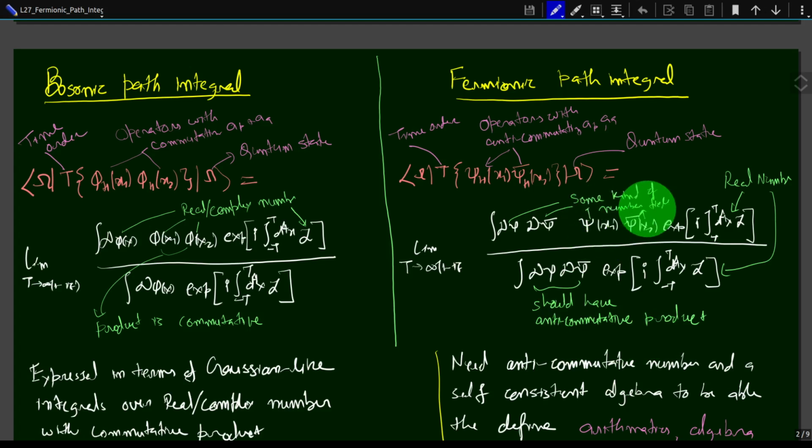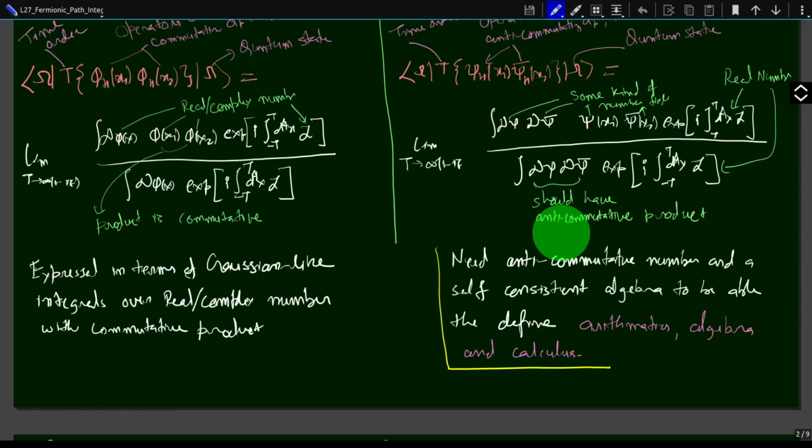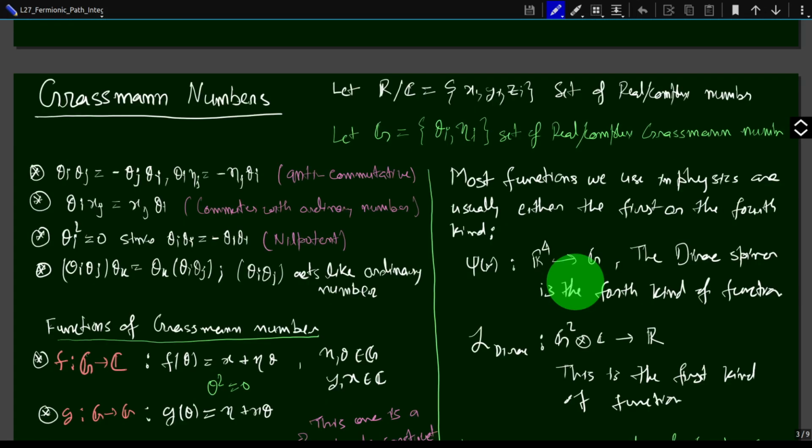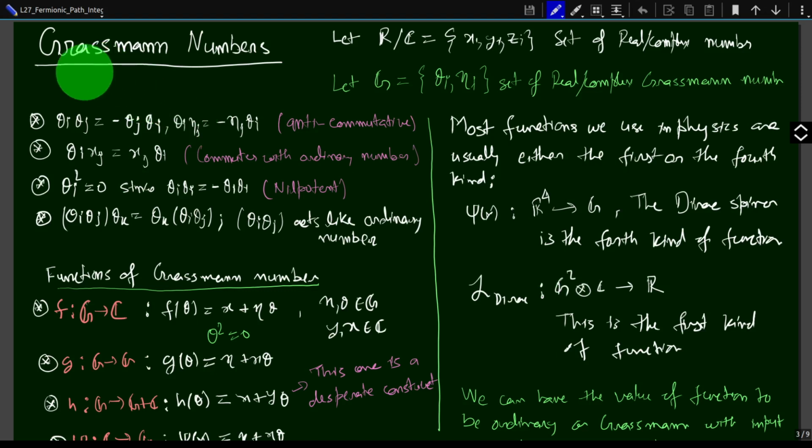These are numbers over which I have to perform an integral. So what we need is anti-commuting numbers and a self-consistent algebra to be able to define arithmetic, algebra and calculus. We need this, and the set of rules is given on slide 3, where I introduce such an object.